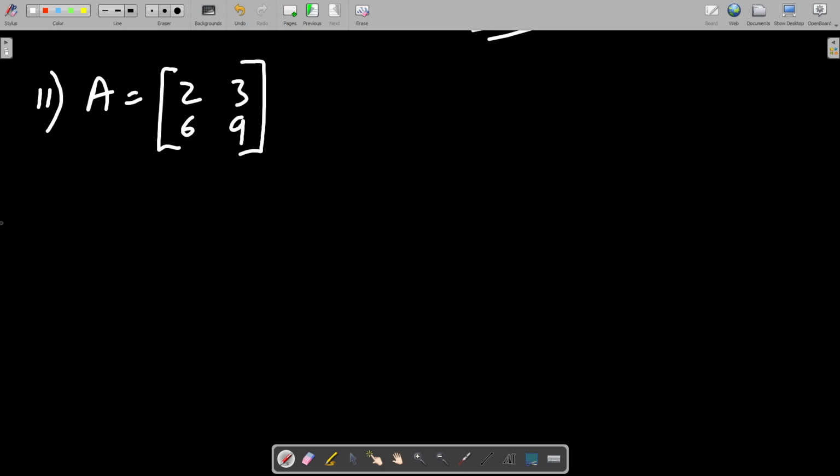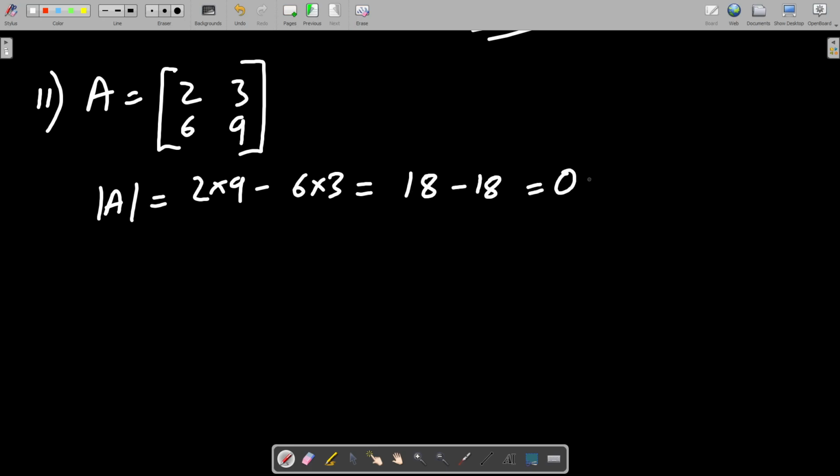So let us calculate this. Determinant of A over here is equal to 2 into 9 minus 6 into 3. This will leave me with 18 minus 18 is equal to 0. So the determinant of this matrix is equal to 0.